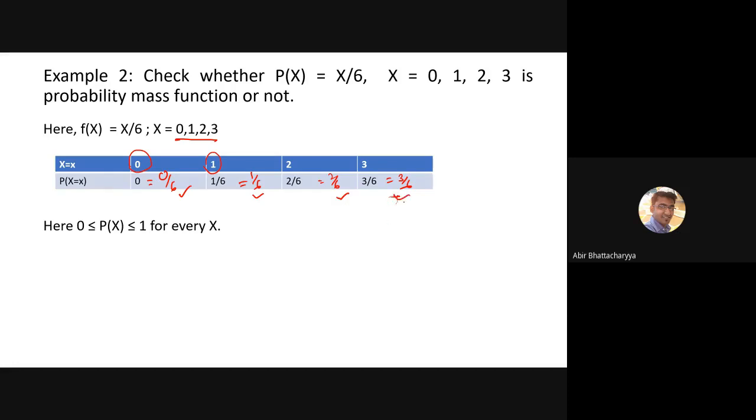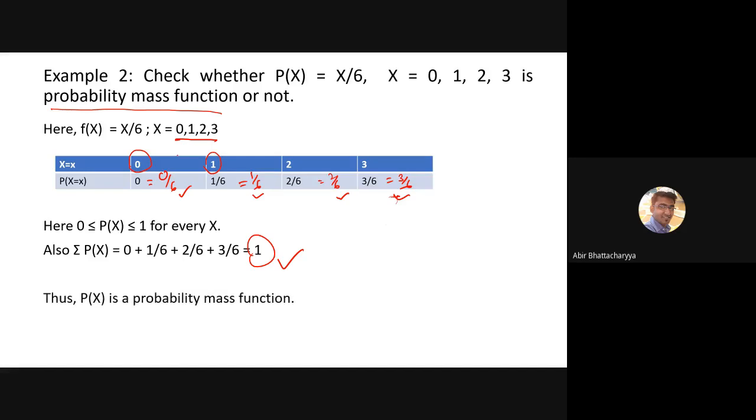But the next thing is that we have to check their addition, the summation. If I add them, we must get 1. Otherwise, it is not a PMF, probability mass function. If I add them, we get 1 by 6 plus 2 by 6 plus 3 by 6 equals 1. 1 is correct. That means it is a PMF. Suppose the addition is not equal to 1, either greater than 1 or less than 1, we stop there.